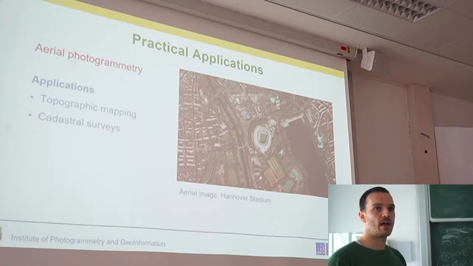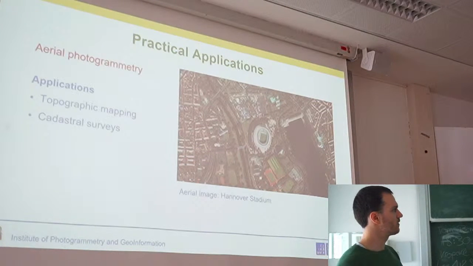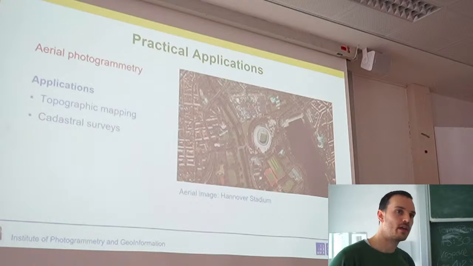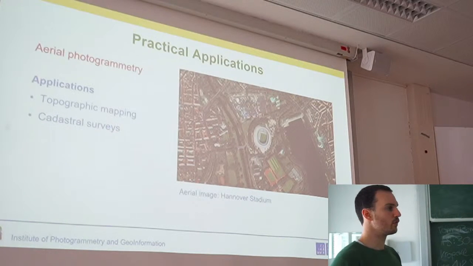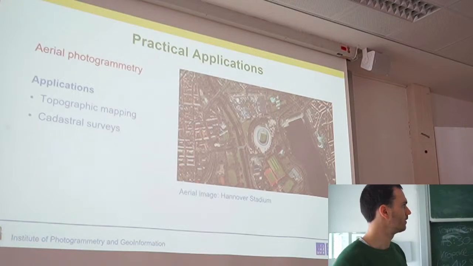We can use either planes, so this is probably the traditional way for surveying based on aerial images. Nowadays we also see a lot of UAVs, like drones, basically unmanned aerial vehicles, to obtain these images.